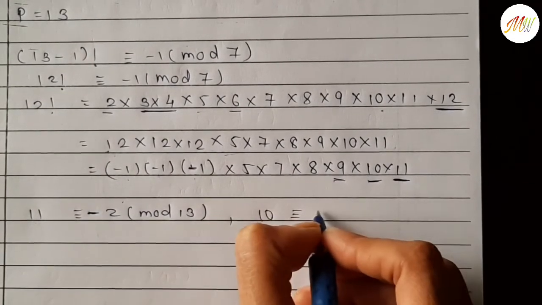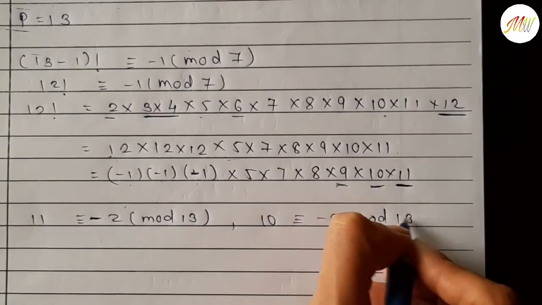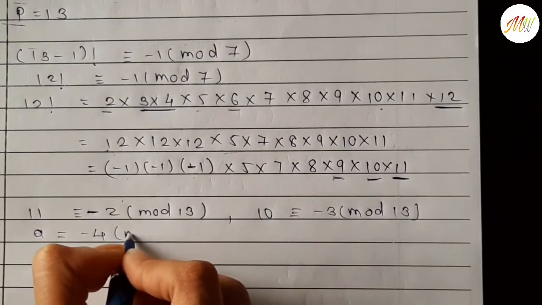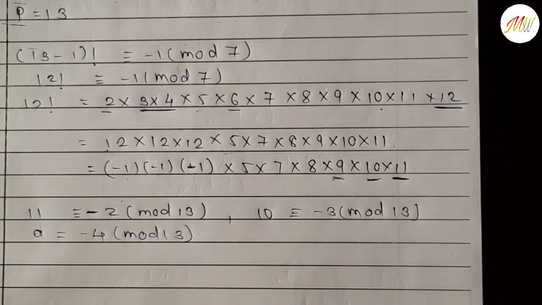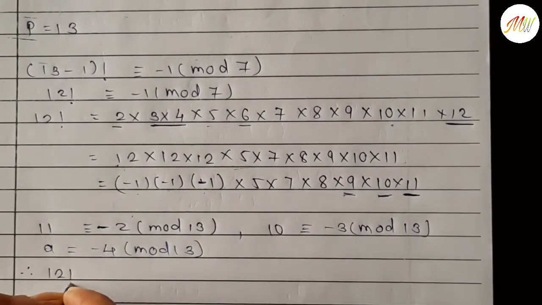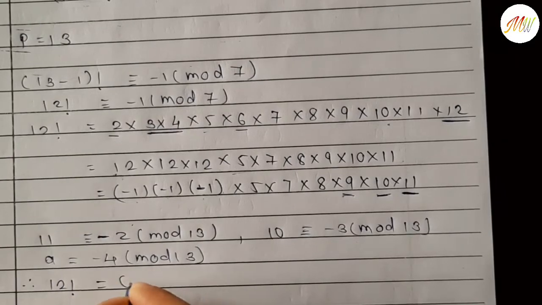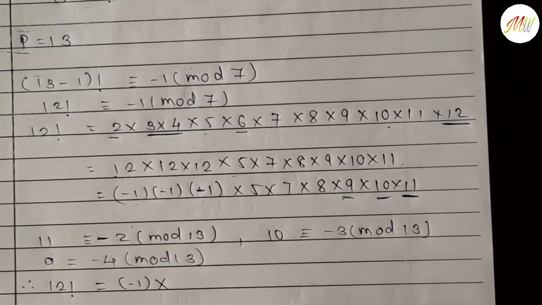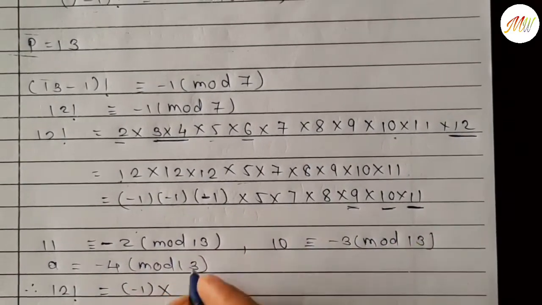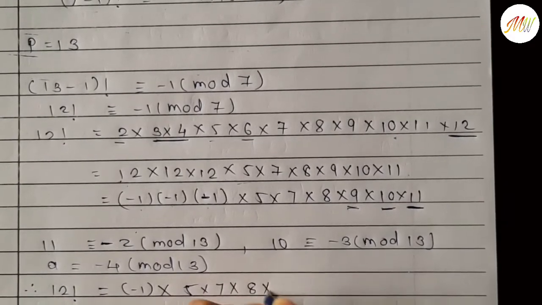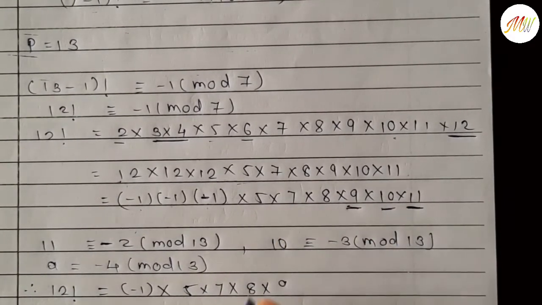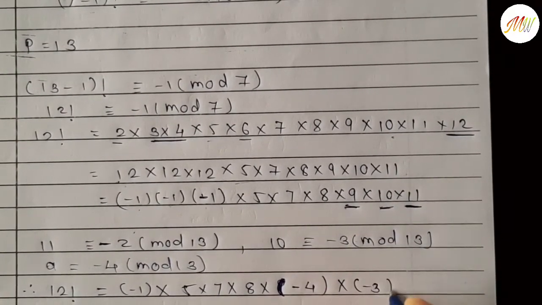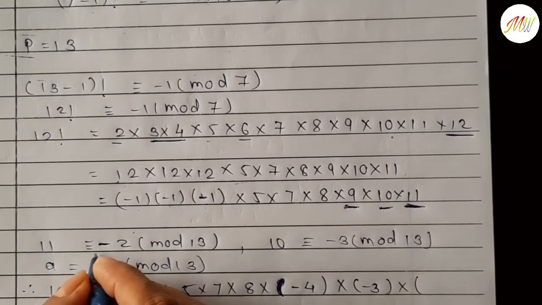For 10 we get minus 3 mod 13 and for 9 we get minus 4 mod 13. Okay, therefore 12 factorial is equal to minus 1 into this minus 1 become plus 1, so we didn't write that, and we write 5, 7, 8. For 9 we write minus 4. For 10 we write minus 3 and for 11 we write minus 2.